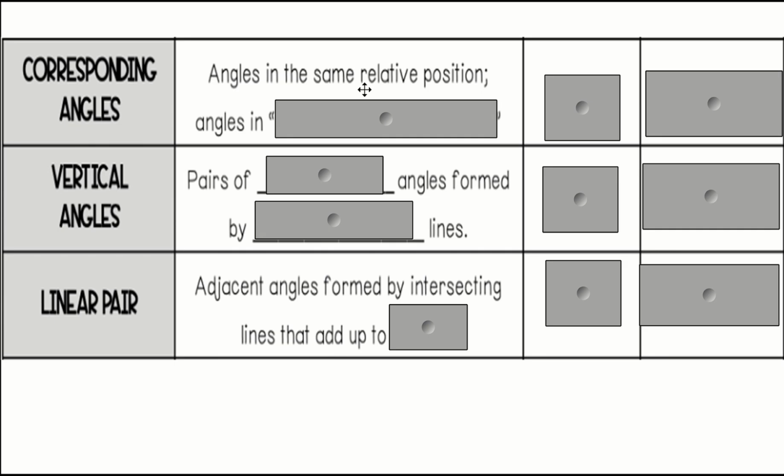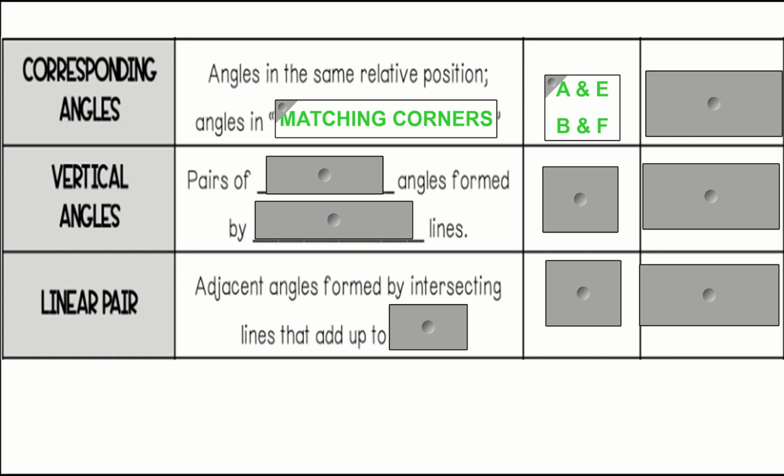Corresponding angles are angles in the same relative position, angles in matching corners. All right, so if we go back to line XY with the transversal, A and E would be corresponding angles. B and F would be corresponding angles. I didn't list all of them.